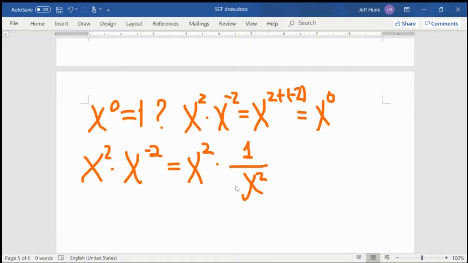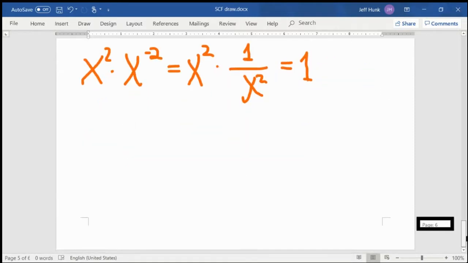They cancel out, so it's 1. Makes sense? Therefore, x raised to 0 is 1. Anything raised to 0 is 1. All right, so enough of that.